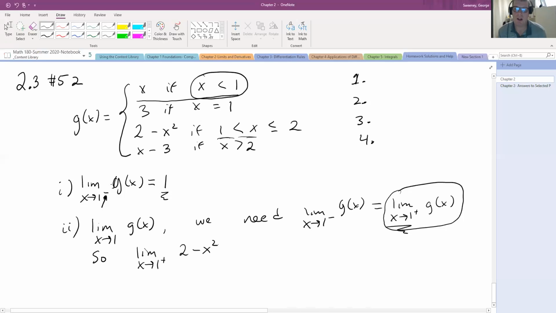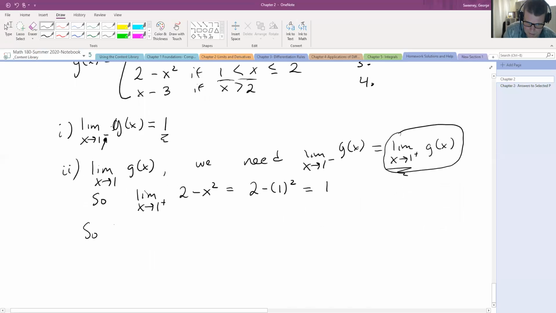That's a polynomial, we could just plug things in there. So this ends up giving me 2 minus 1 squared, which equals 1. Good news, right? So the limit as x approaches 1 of g of x is equal to 1.